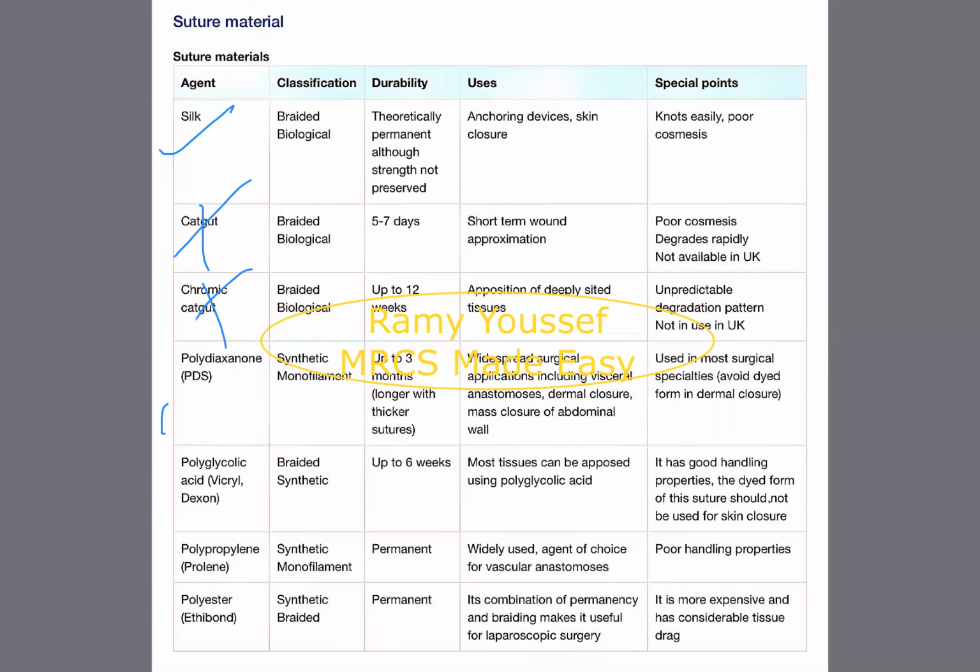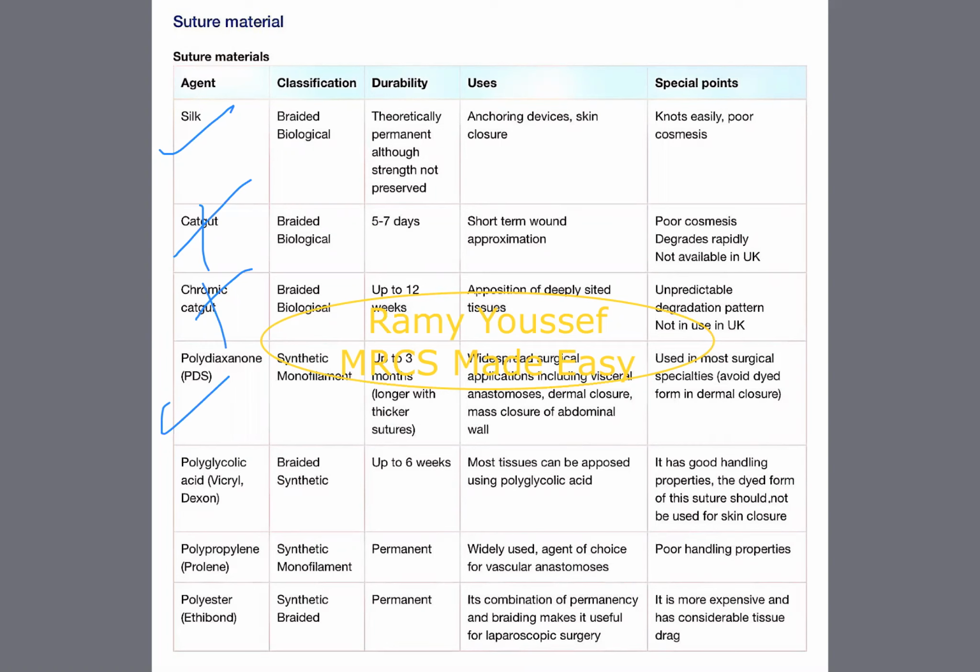You have no question. PDS is very important. Mass closure, any mass closure in the abdominal wound that we do after laparotomy, is PDS, and sometimes we use it in visceral anastomosis. In mass closure of the abdominal wall, we use PDS 1 or sometimes 2.